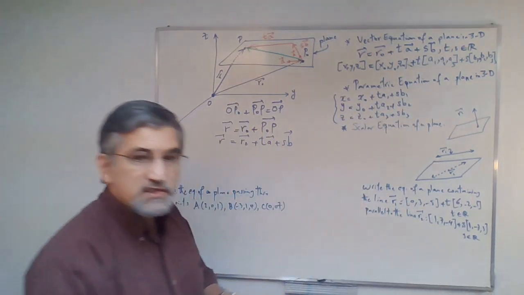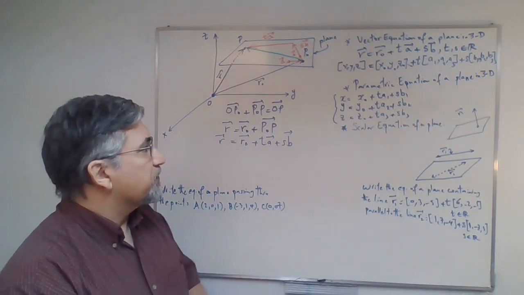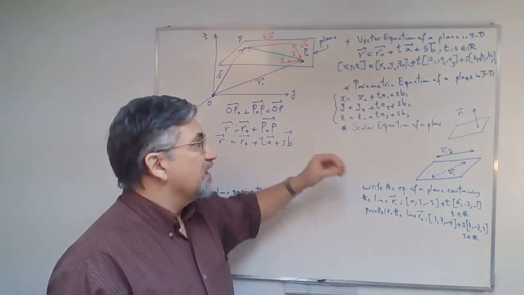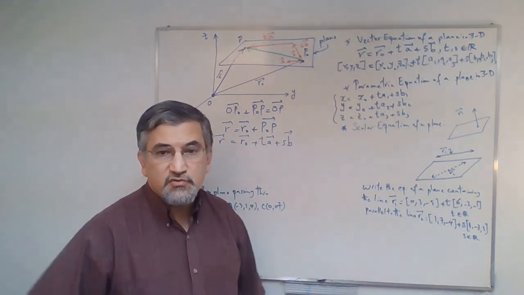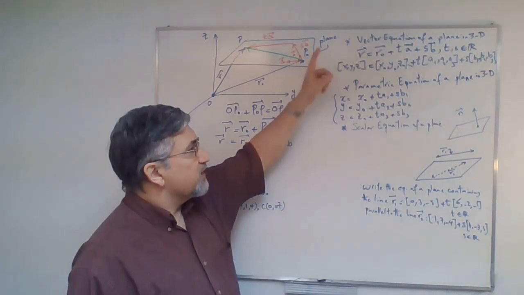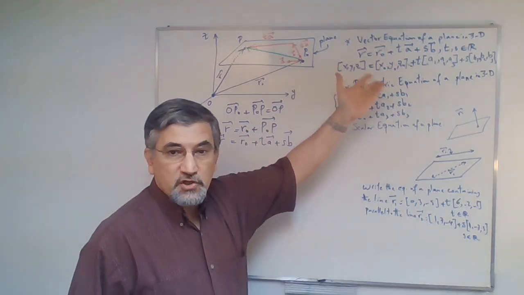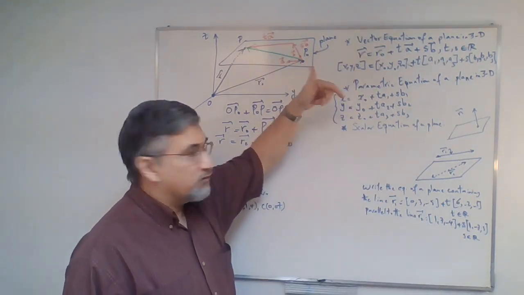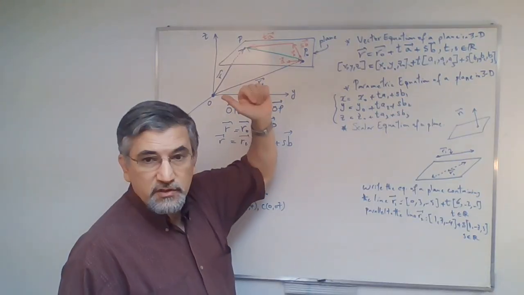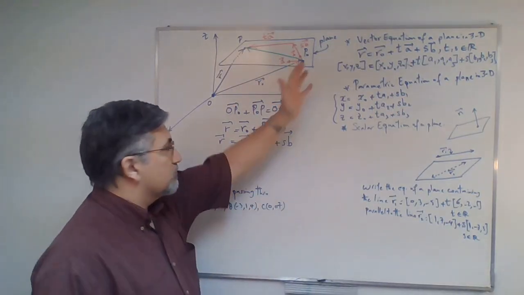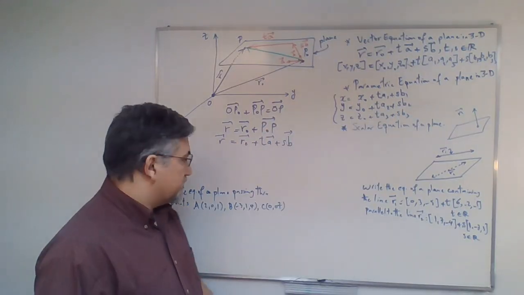So these three scalar equations combined together represent the parametric equations of the plane in 3D. So the vector equations, both in Cartesian algebraic form and the standard form, and the parametric equations are derived here.